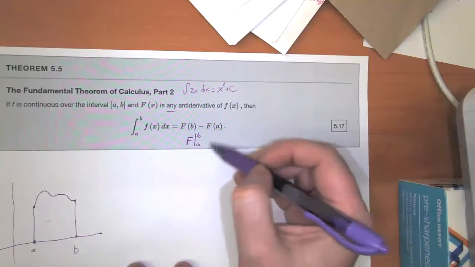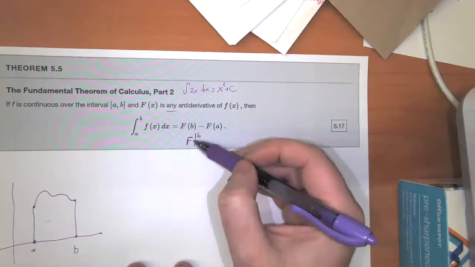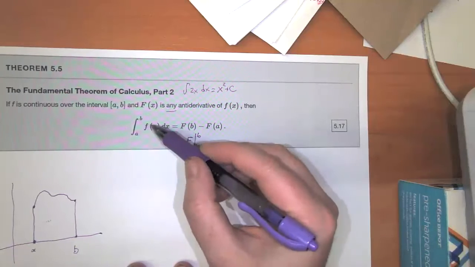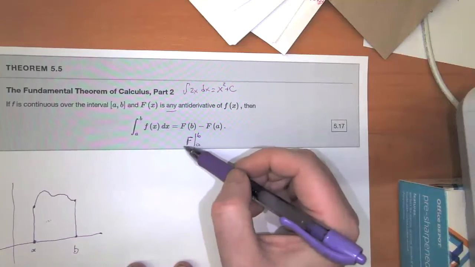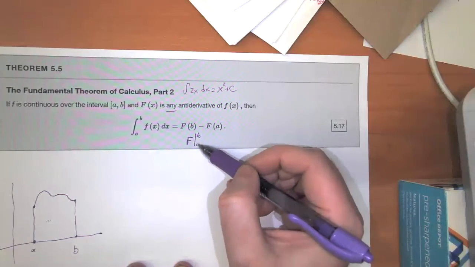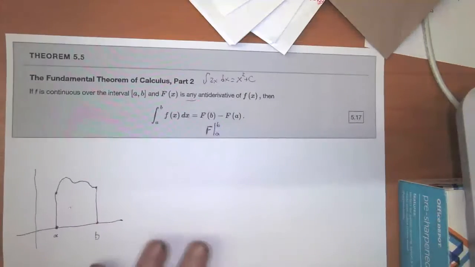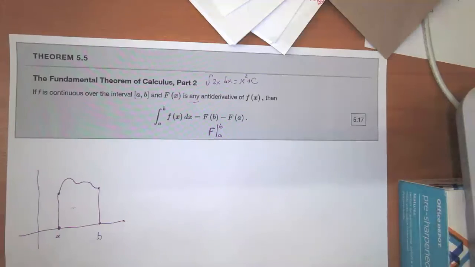I don't even know what we call this symbol, but it's just kind of a quick and dirty way of saying to calculate this definite integral, we just need to evaluate any antiderivative at b and a and then subtract them.